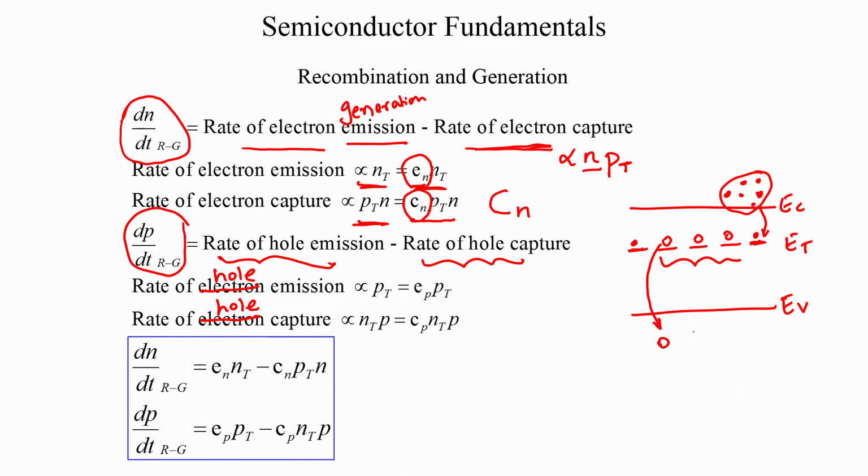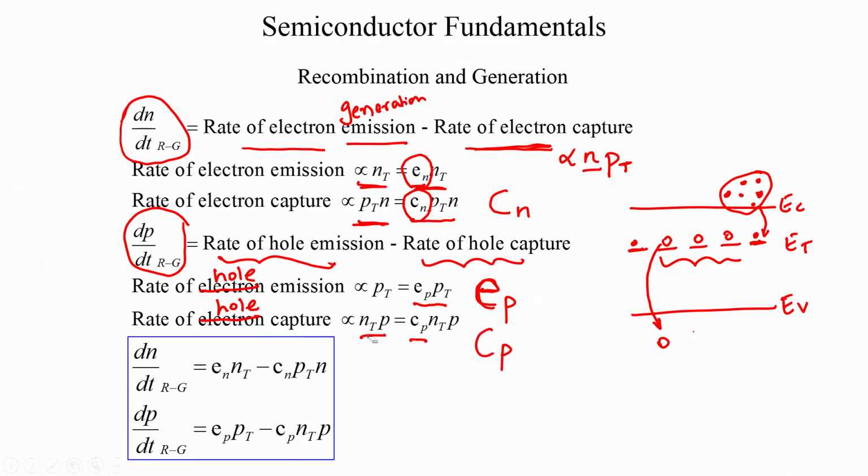So, the rate of hole emission is equal to Ep into Pt, where Ep is again another proportionality constant relating to the emission of holes. And the rate of hole capture, by the same arguments we used for electrons, is proportional to Nt into P, with Cp being a constant of proportionality which is the capture of holes.